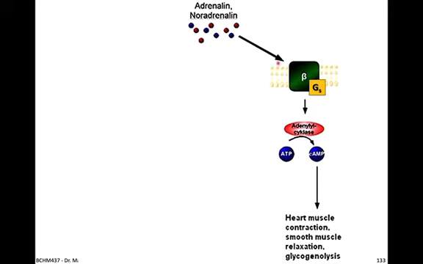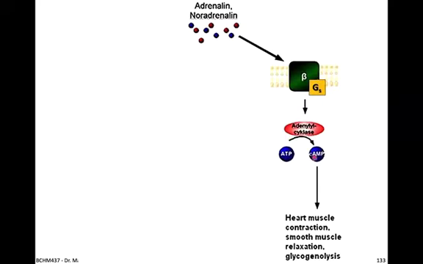So you can see here that either adrenaline or noradrenaline, once bound to the beta receptor, leads to activation of the G protein, which leads to activation of the effector molecule, which is adenyl cyclase, as we said before, that converts ATP into cyclic AMP.